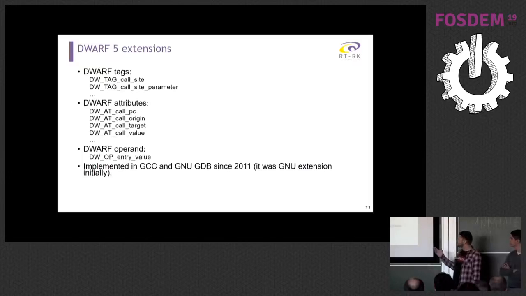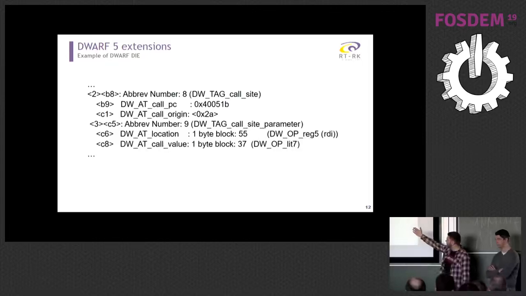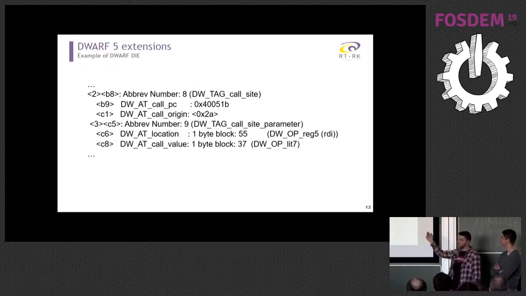There is also a DWARF operand that can be used within a DWARF expression for describing the actual value for parameters. Let's jump into a real example. Here we see a real call site printed in the debug info section. It says that it lives at this address in memory, this call PC, which is actually the address of a call instruction.